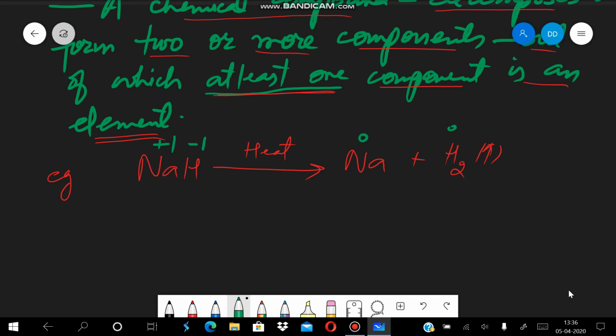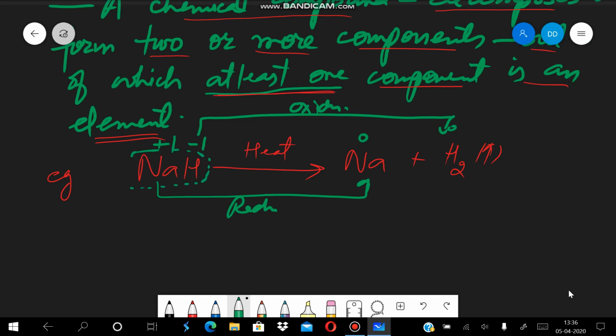So sodium is undergoing reduction and hydrogen is undergoing oxidation. So this is a redox reaction in which a chemical compound is breaking down and forming two products, two components, which are both in the elementary state in this case.